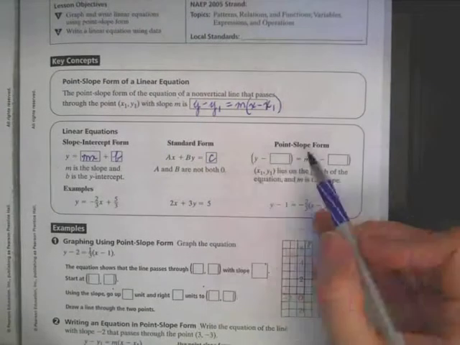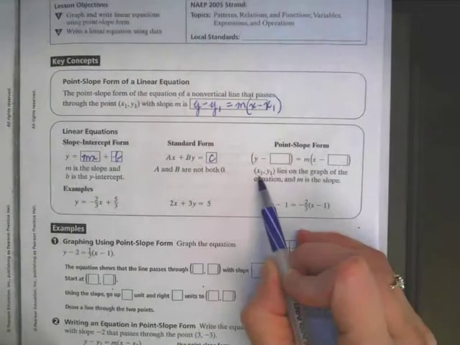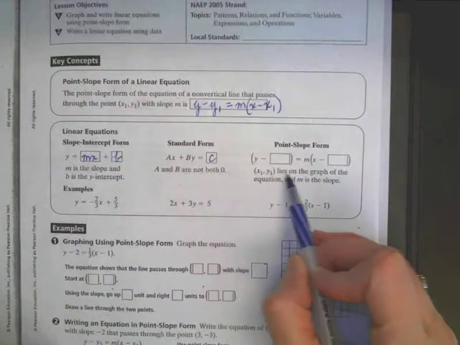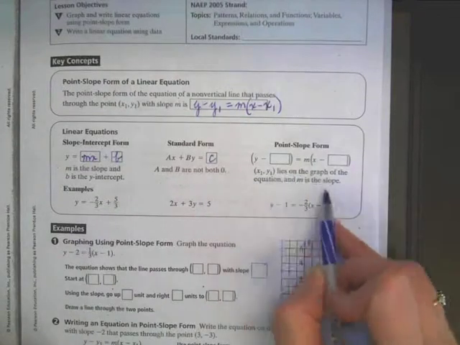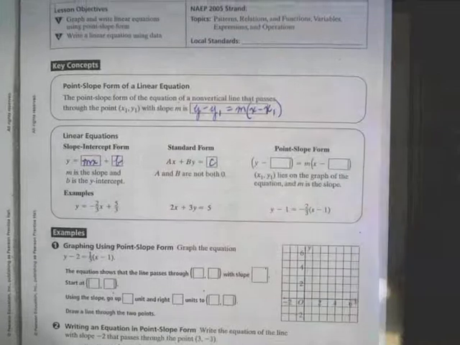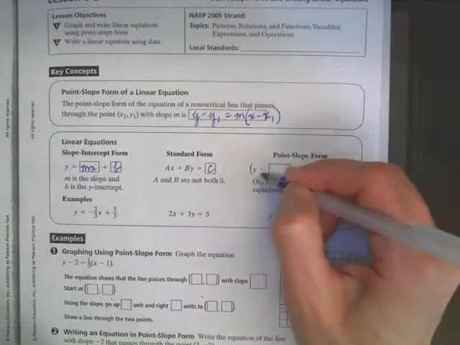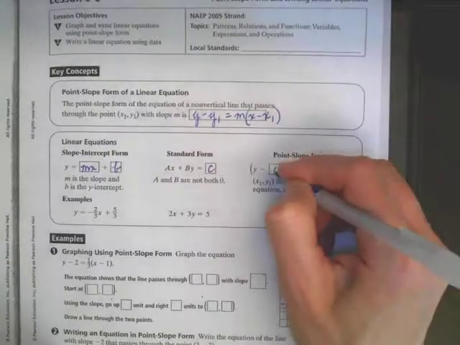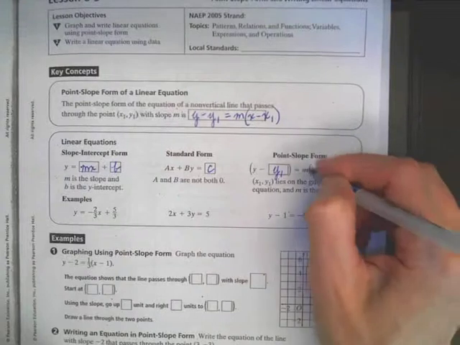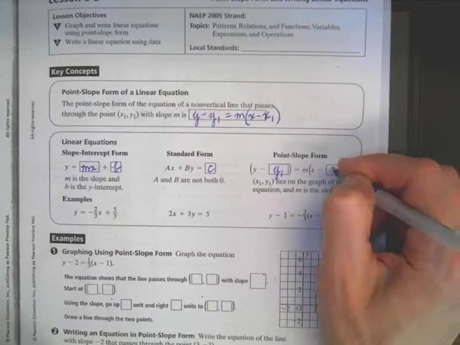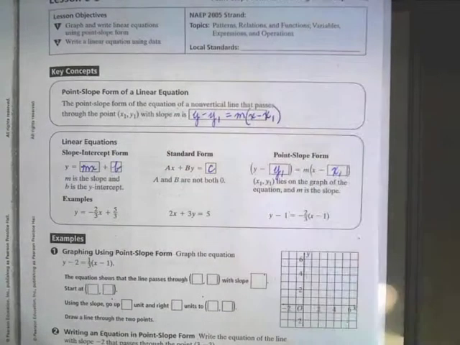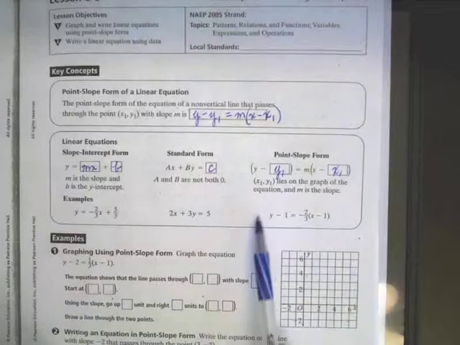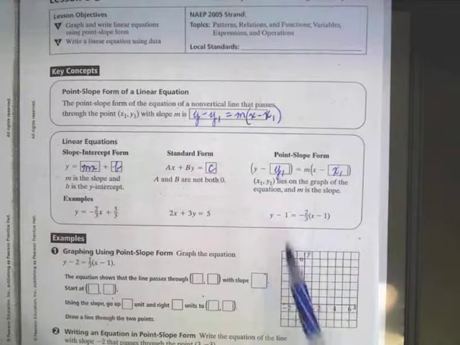Now, here we have point-slope form. x sub 1, y sub 1 lies on the graph of the equation, and m is the slope. So this is any random point on the equation. So y minus y sub 1 is equal to m times the quantity x minus x sub 1. So your equation is going to look something like this.